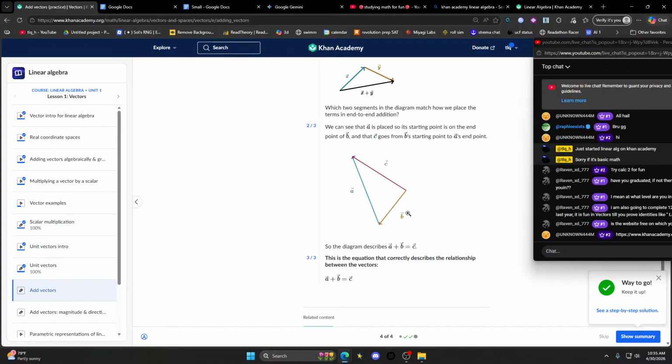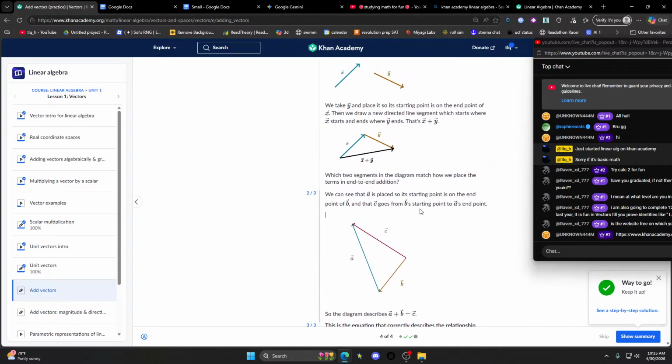How does this make any sense? You can see that it is plus. Oh my god. So the starting point is on a point of B.